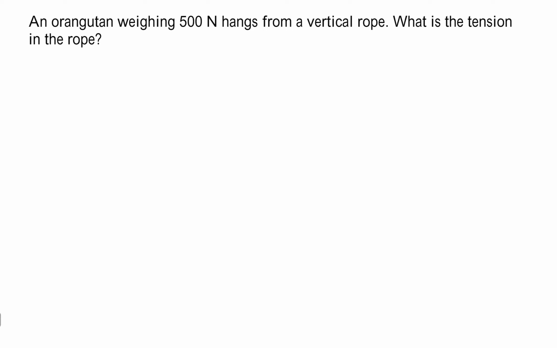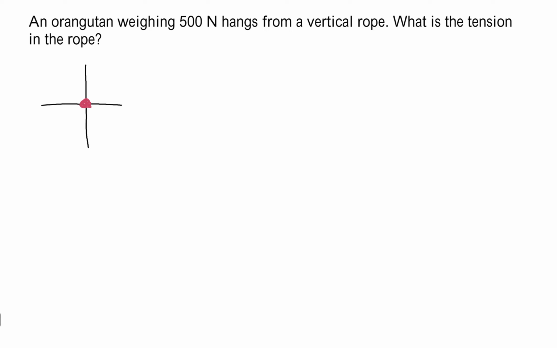So we're going to draw our free body diagram, okay? First thing we're going to do is put our axes. This is just normal axes. There's no tilted axes or anything, right? It's just the normal situation. So now I'm going to put my particle in the middle. This is just the orangutan, right? We're not drawing an actual figure here, just the particle.